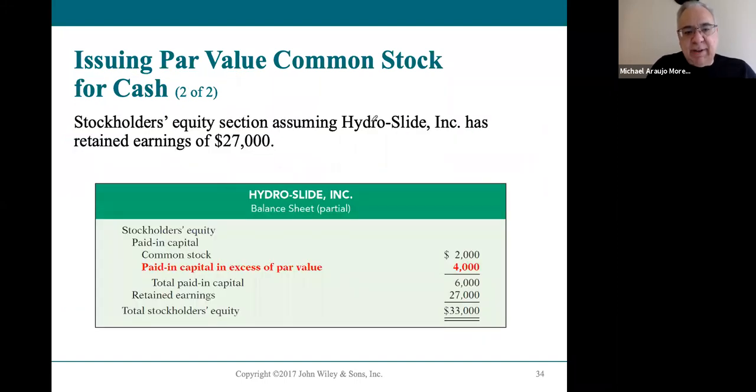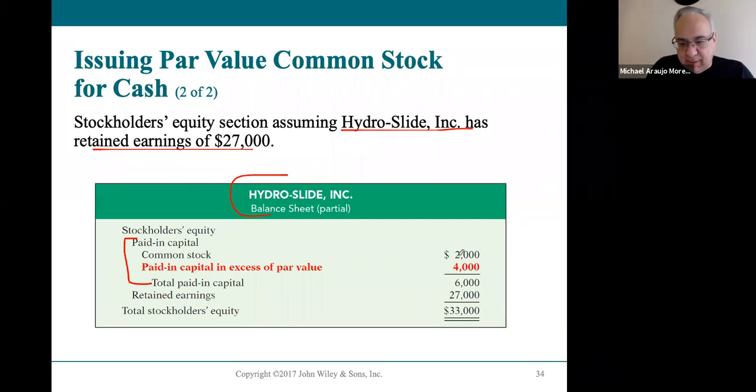How it looks on the balance sheet and the stockholders' equity account. In this case, we're going to assume that this company has $27,000 of retained earnings. So that's where that came from. But look at the paid-in capital. They had common stock, and in this case, their common stock had a par value.